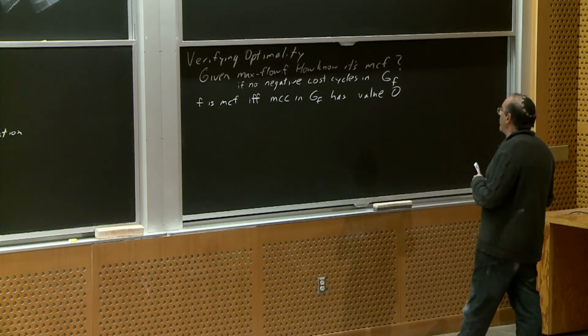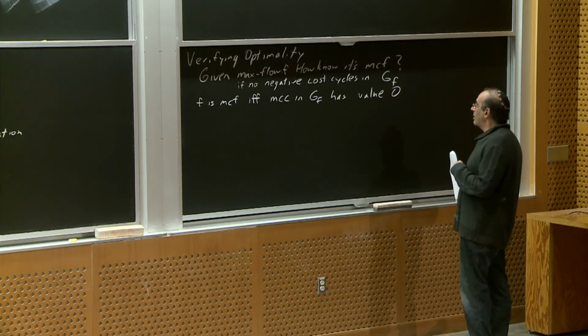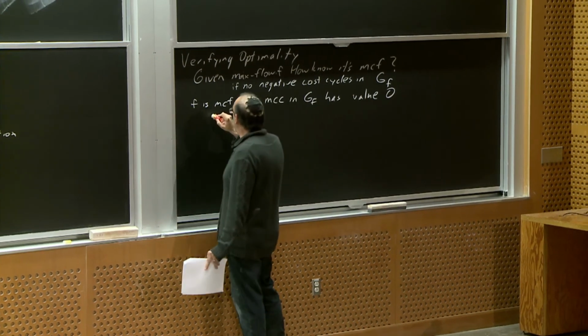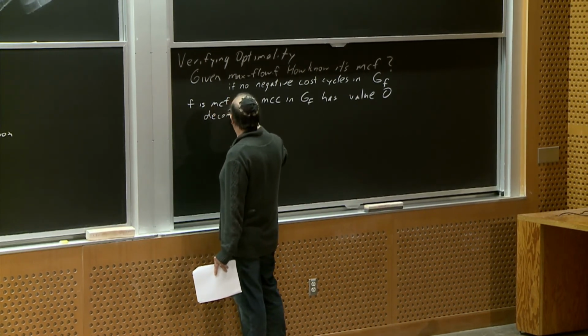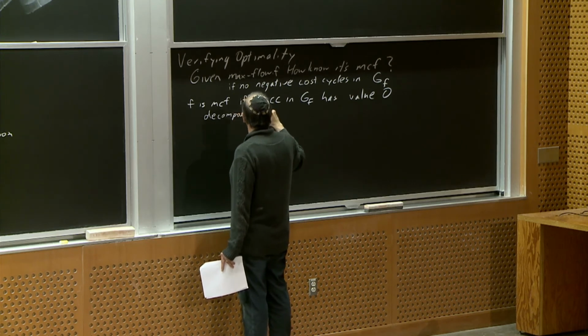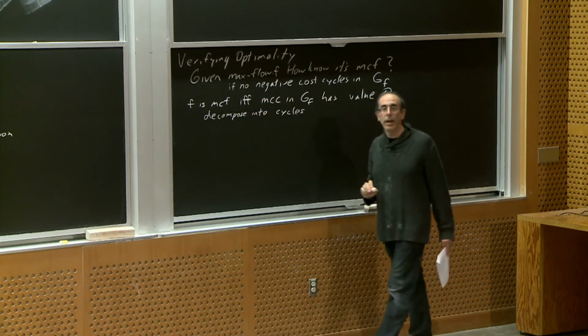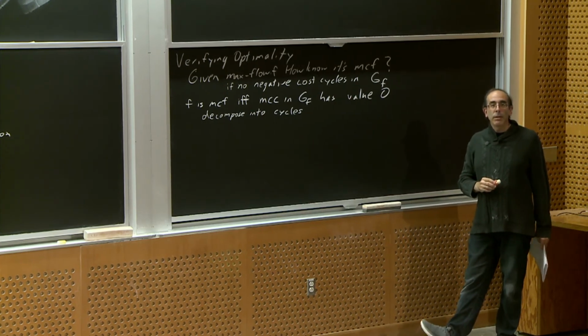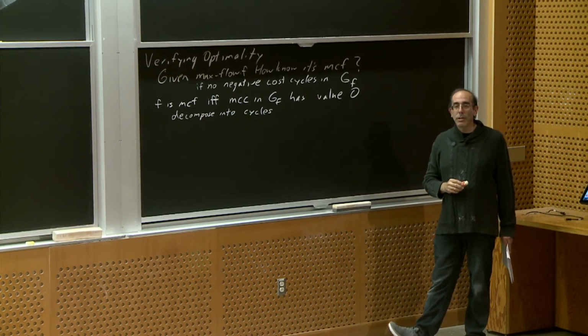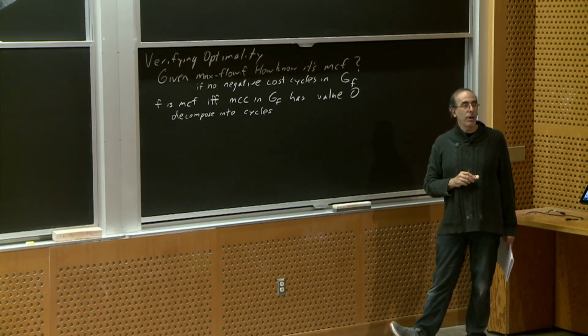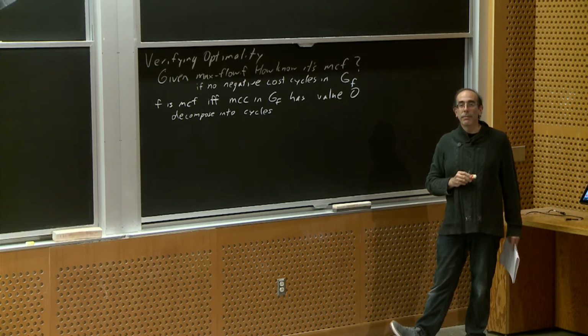But what does it mean for the value of the min cost circulation to be 0? Well, now we can imagine decomposing this into cycles, right? And what can we say about those cycles in this min cost circulation in the residual graph? Yes?